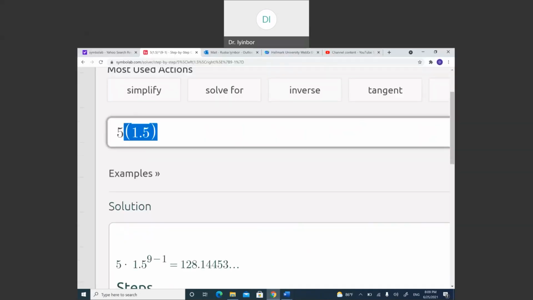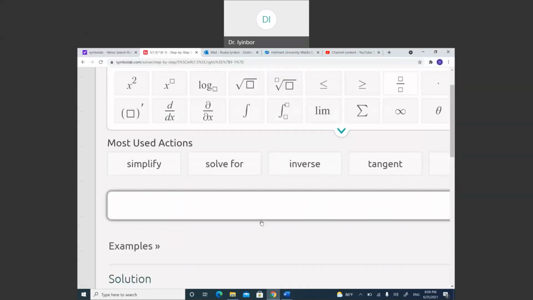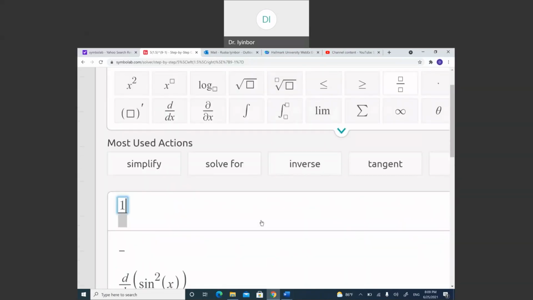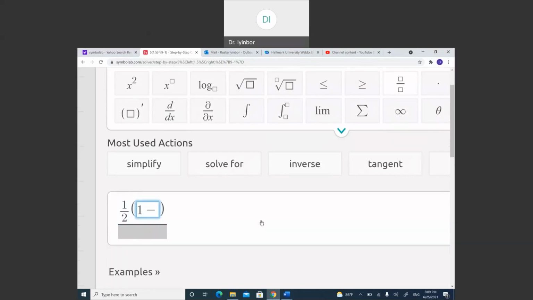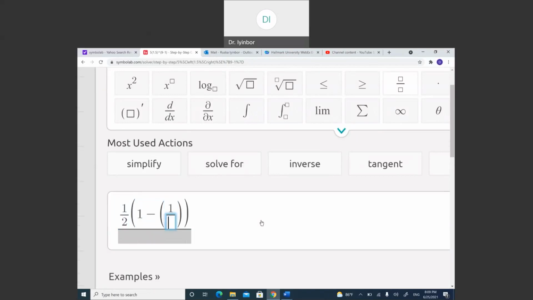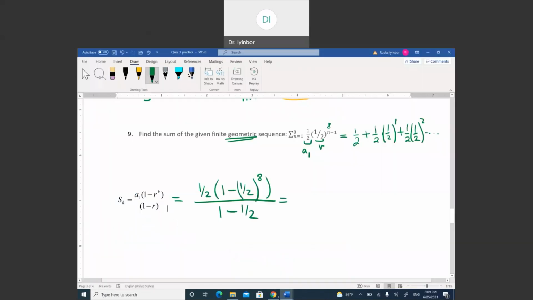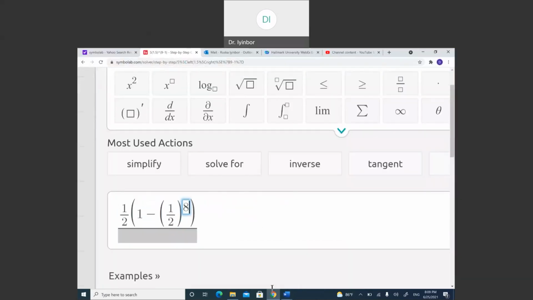I'm going to start with a fraction, and I have 1/2, and then parentheses 1 minus 1/2 with exponent 8, and then in the bottom you have 1 minus 1/2, like that.